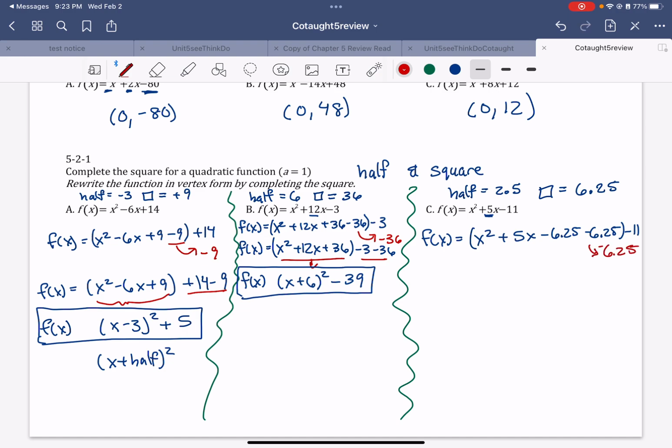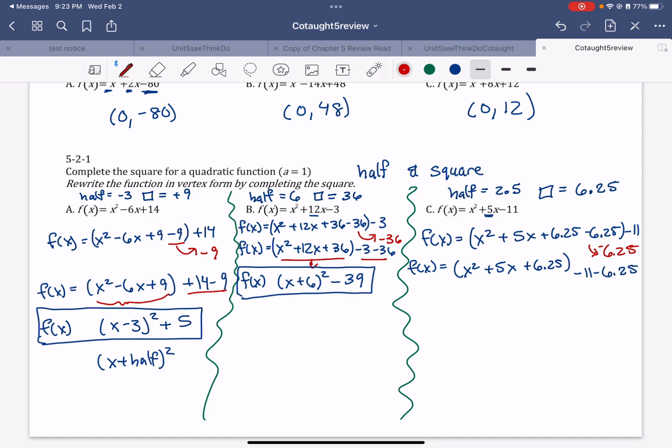Okay, and then rewrite my equation. x squared plus 5x. And you know what? I messed up here. This was supposed to be plus my square and then minus my square. Okay, so plus 6.25, and then outside my parentheses, I have negative 11 minus 6.25.